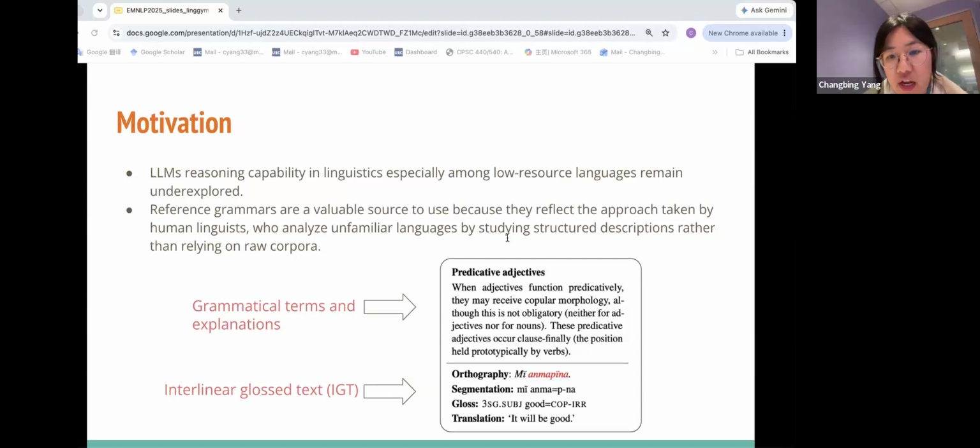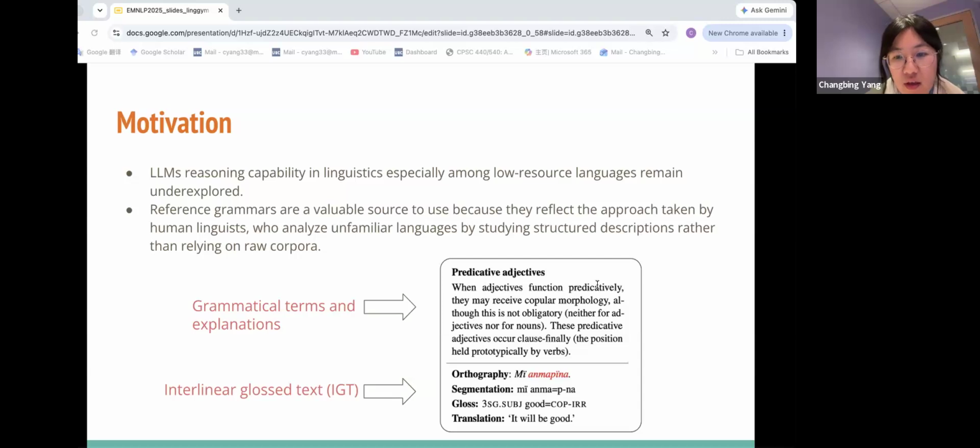Another advantage is that reference grammars reflect the approach taken by human linguists when they do analysis on an unfamiliar language. The reference book usually reflects how they start, with structured descriptions.